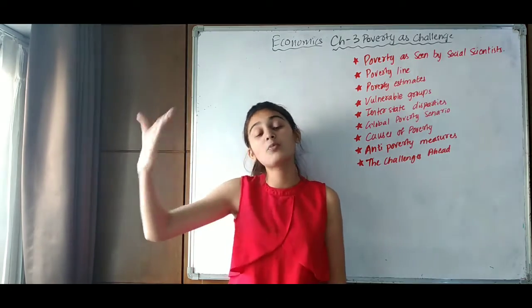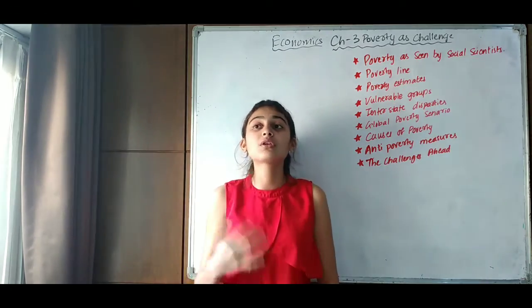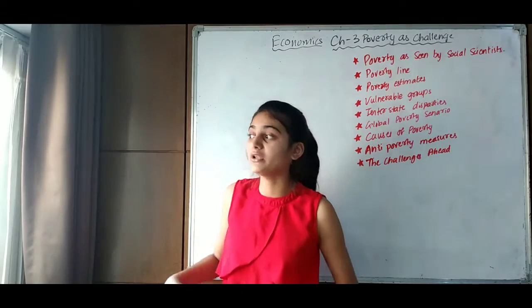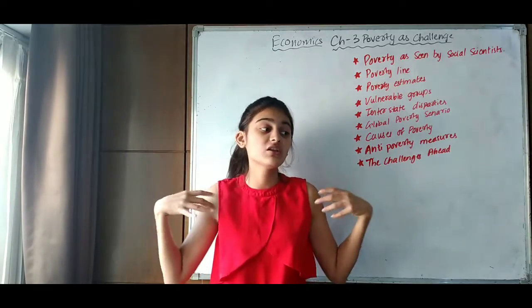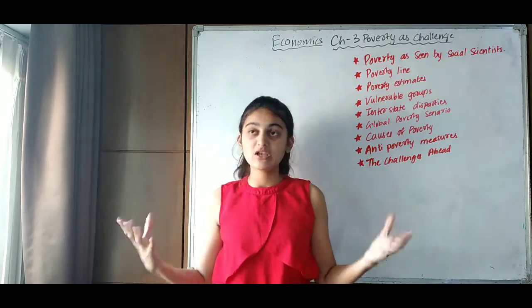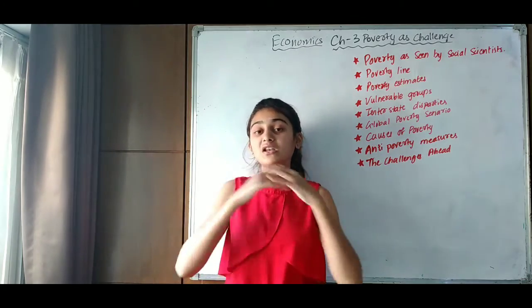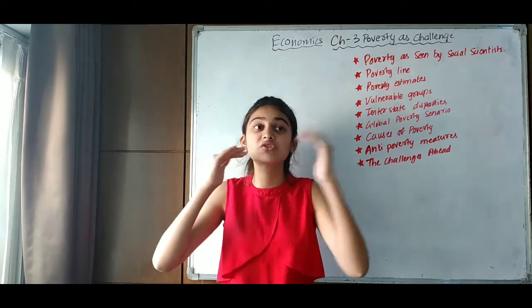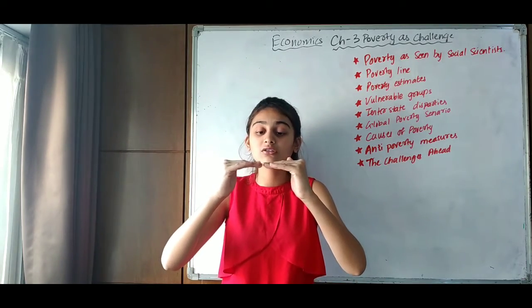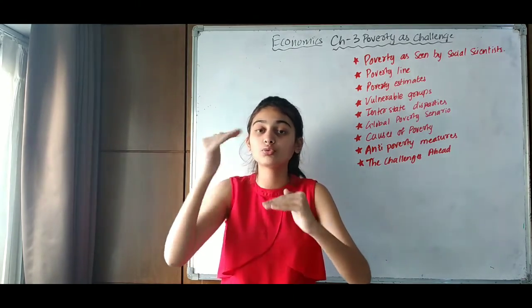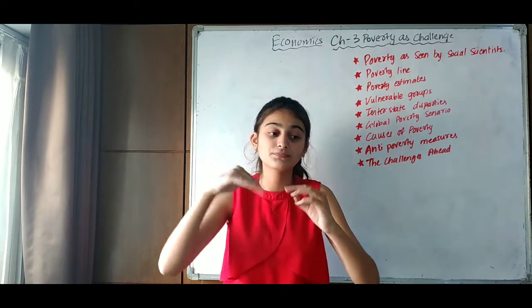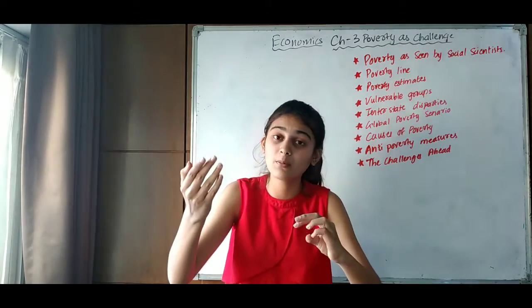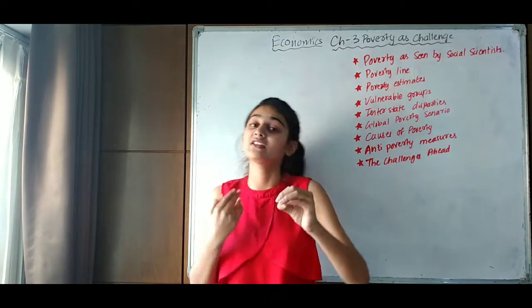People above the poverty line are those who can fulfill their family needs along with their additional needs. So the poverty line differentiates people into two groups: APL, that is above poverty line, and BPL, that is below poverty line.